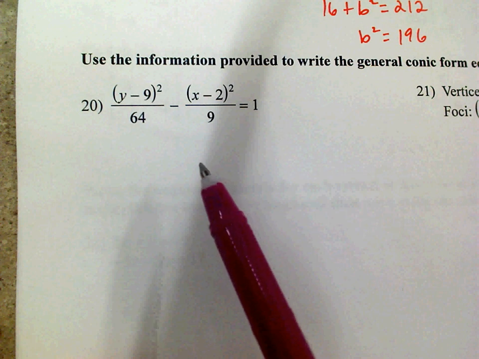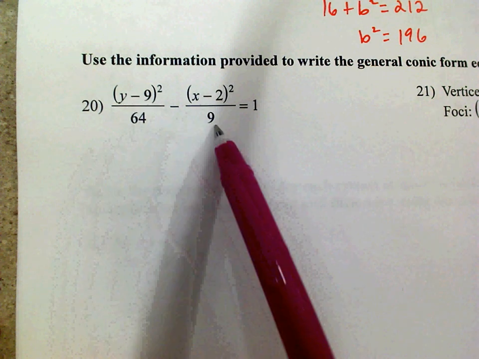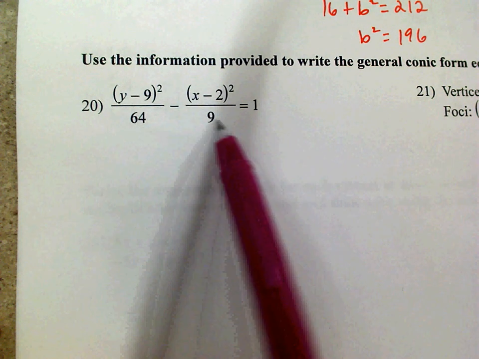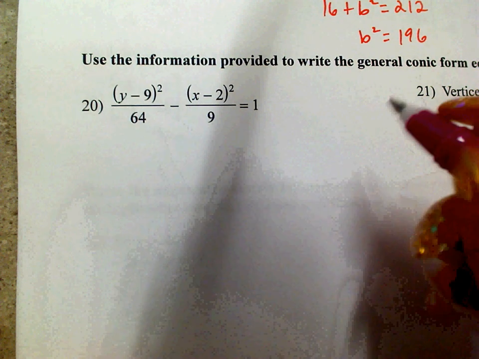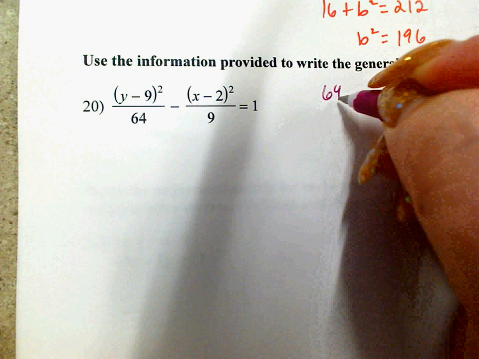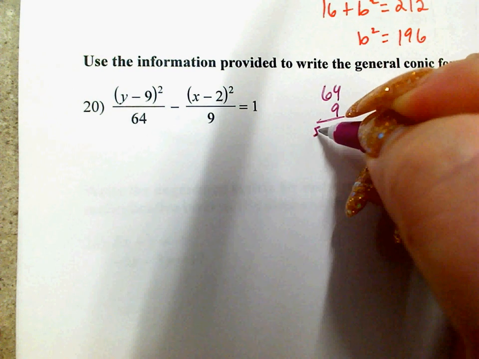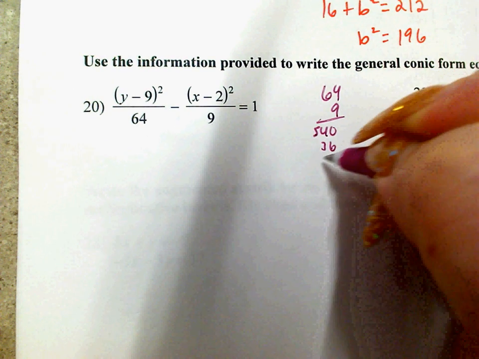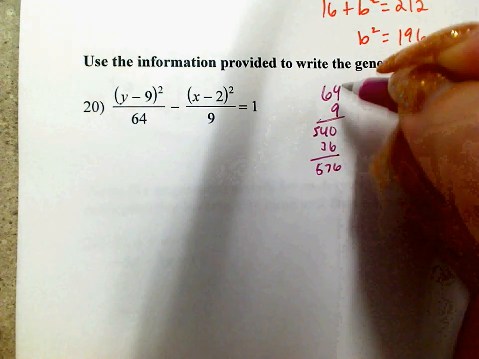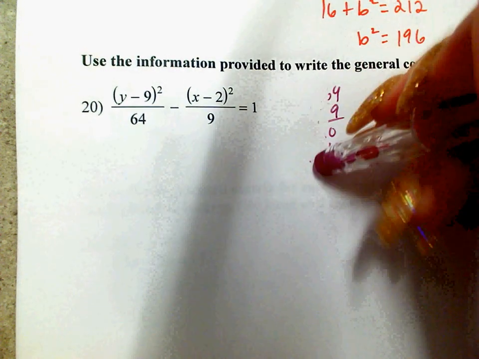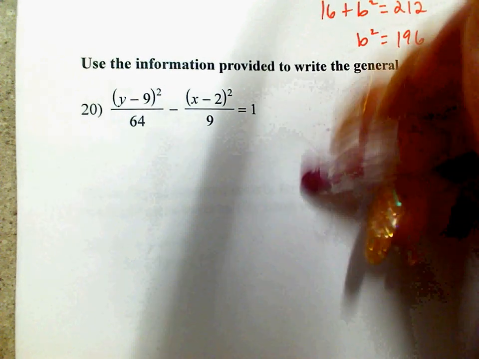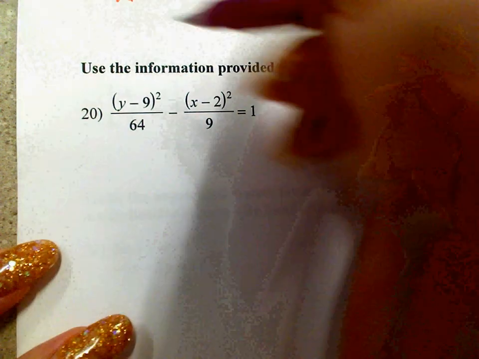So the only common factor they have, the smallest common multiple, is 64 times 9. 64 times 9 is 540 plus 36, so 576. So we're going to multiply the whole entire equation by 576.